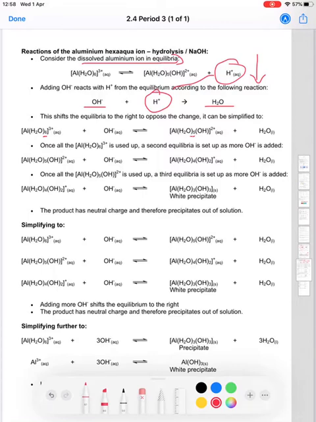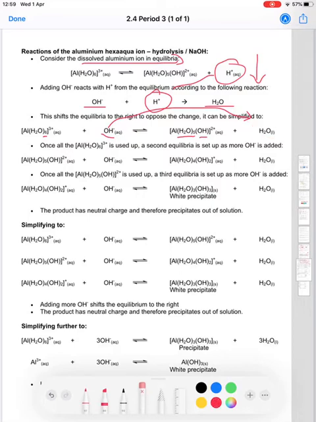So we're left with 5 waters, and that 6th water, because we've added hydroxide ions, has gradually had its hydrogen ions removed to form water over there. So that has gone to there by giving up a proton to the hydroxide.